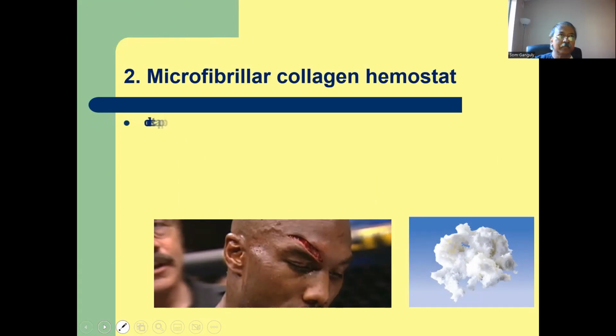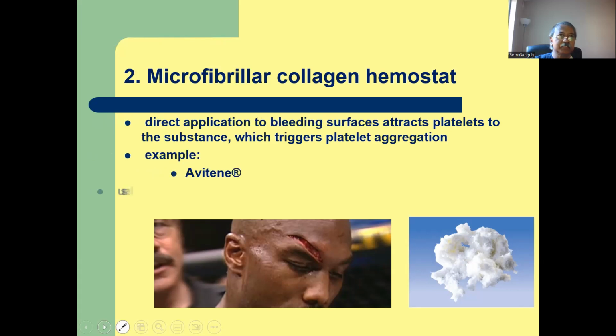Then we have this substance called Avitene. Avitene can be used in powder form, or it can have a strip-like shape. Avitene is expensive, so we use it very, very cautiously, so we don't waste any. It is a very good hemostatic agent, and it can be applied to the surface where the bleeding is occurring, and it is going to stop the bleeding right away.